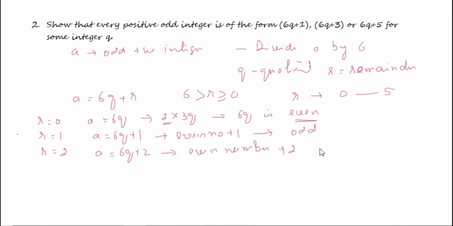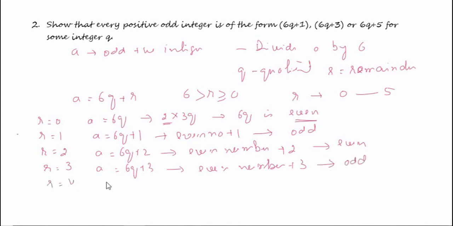If you add 2 to any even number, that is again even. r equal to 3, a equal to 6q plus 3, so this is an even number plus 3. So add 3 to any even number, that is again odd.